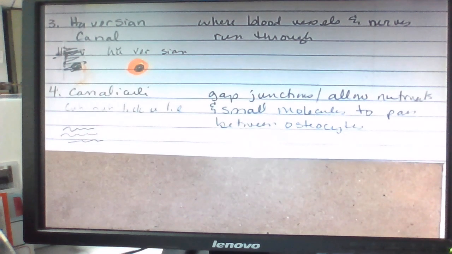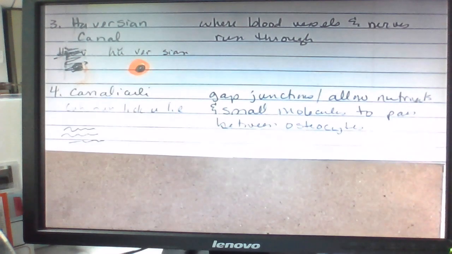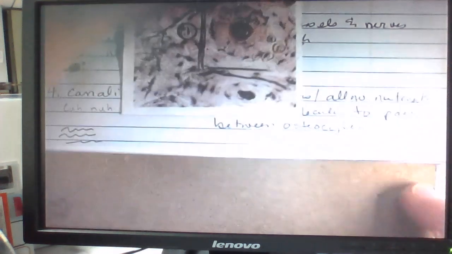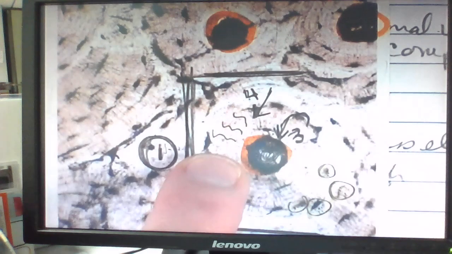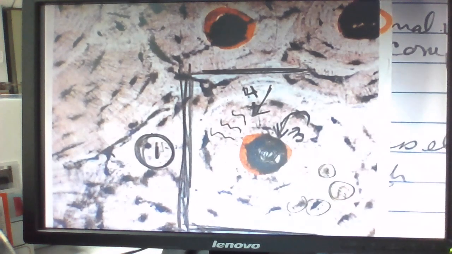They would just be really hard to see. Little squiggly lines. So on my diagram, number 4 is right here, and those are my little squiggly lines to represent my canaliculi.